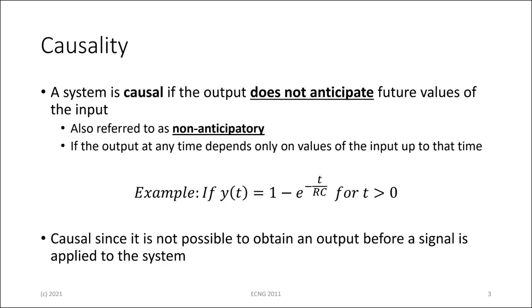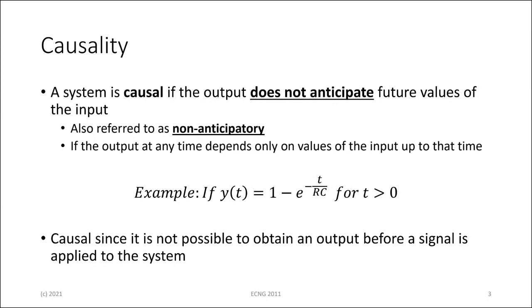Now, as we mentioned before, most times what we want is a system whose response is only a result of something that we do. So you turn it on and then it behaves in a particular way. What you don't want is a system that is trying to predict what is going to happen.